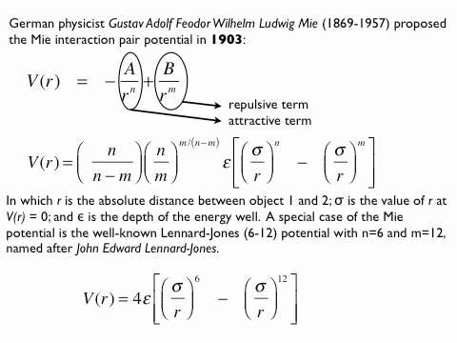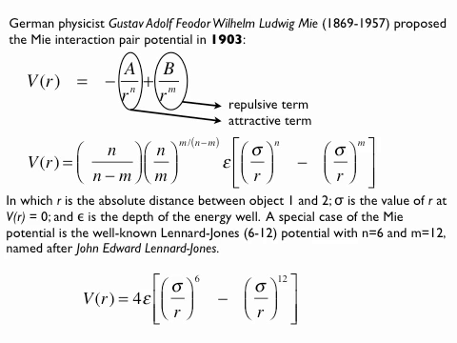So, a slightly different approach, extending on this interaction bit, was from a person called Mie. He came up with a generic potential to describe interaction between molecules. The pair potential in this case had an attractive term, and attraction is defined as negative.